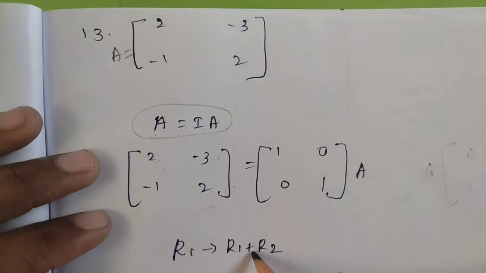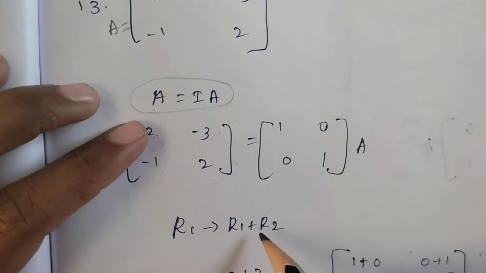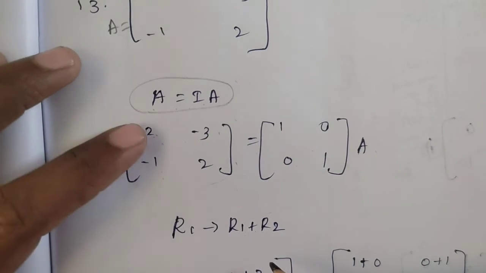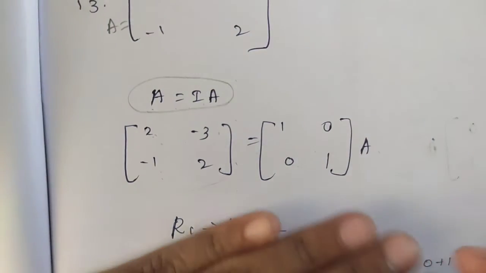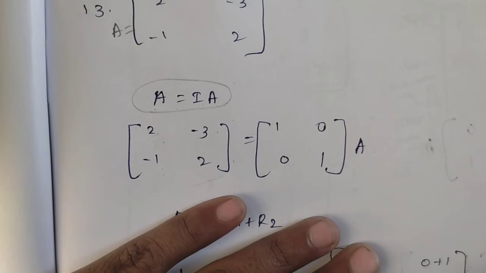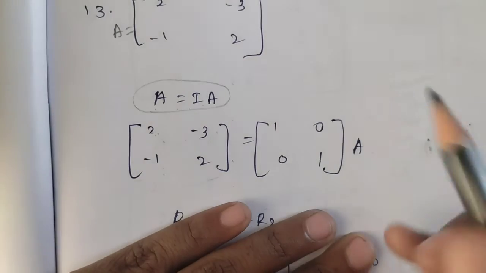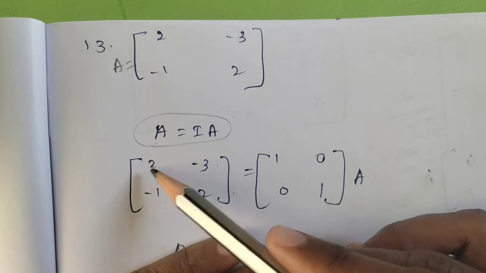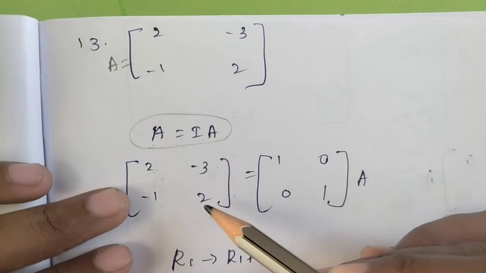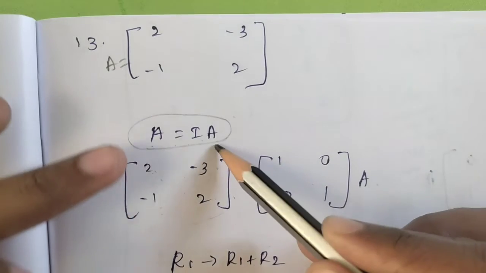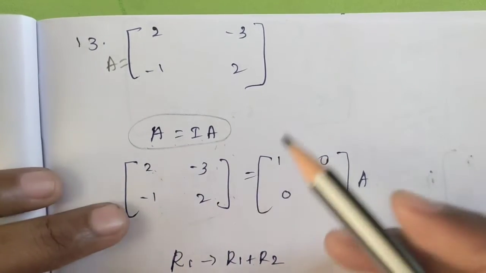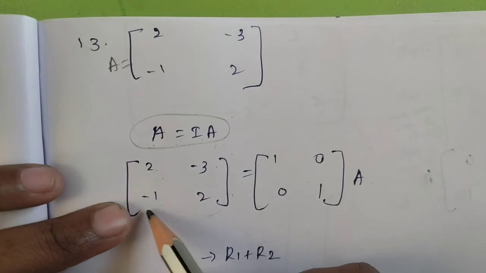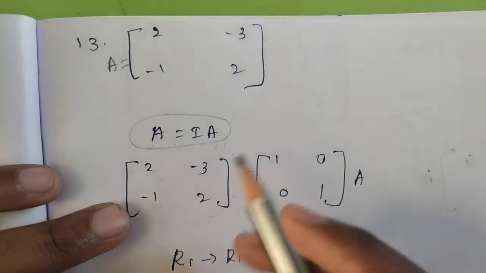Here they have proceeded with R1 plus R2, since 2 minus 1 gives you 1. But I am not going to use this procedure. Our procedure is to divide this element by 2, or else I can interchange the rows and divide by minus 1. Whatever you want, you can do.